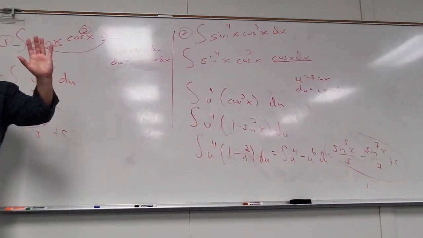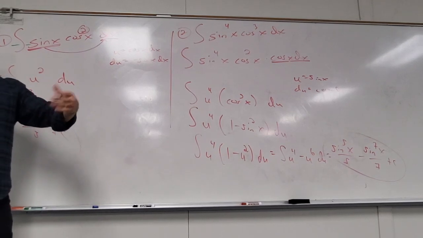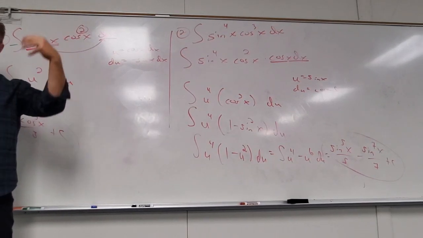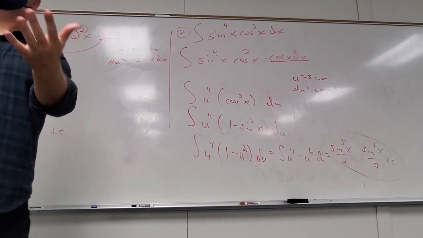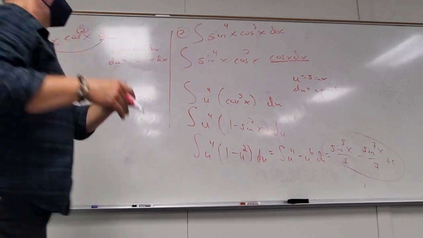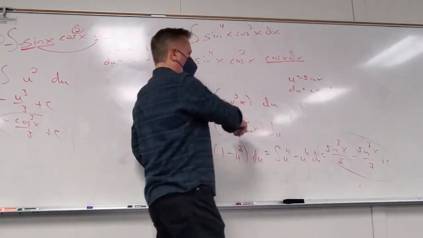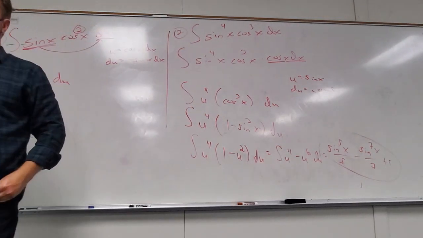You guys see that? The Pythagorean identities come in and save us because I can rewrite it in terms of what I let u equal. That's the whole point. And I like to use the word shuck. So you shuck one of the cosines off, and then these guys you take care of with Pythagorean identity.